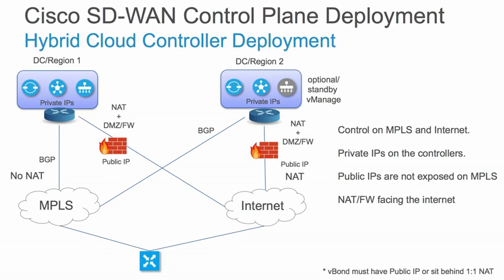In this particular model, the vBond cannot sit behind a port address translation or PAT type NAT. It can, however, sit behind a one-to-one NAT. No such restriction applies to the vSmart or vManage appliances. For this type of design model, it is strongly recommended to use one-to-one NAT type configuration for all the controllers.